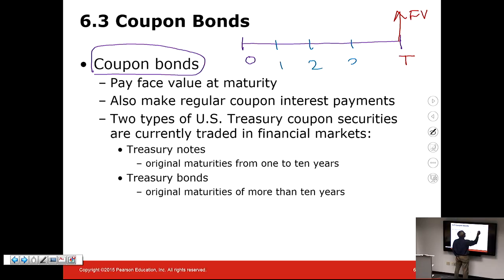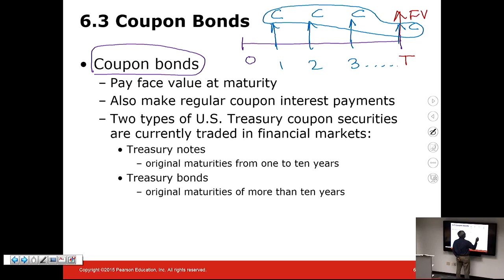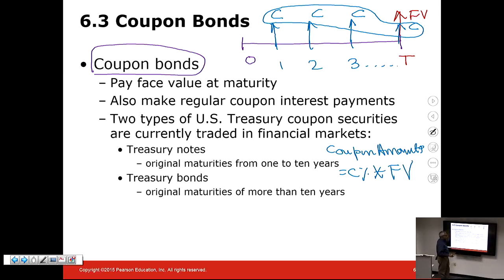Let's say it's 1, 2, 3, dot, dot, dot, all the way to period T, where T could be any number. In that interim time period, the bond will pay back its coupon of C, including the final C at maturity. These C's are the coupon amounts, and they are calculated, as we have talked about before, as C% of the face value or par value.